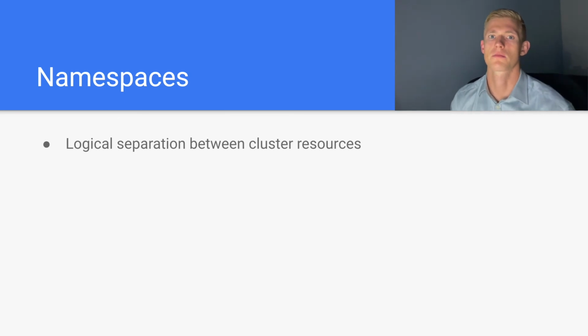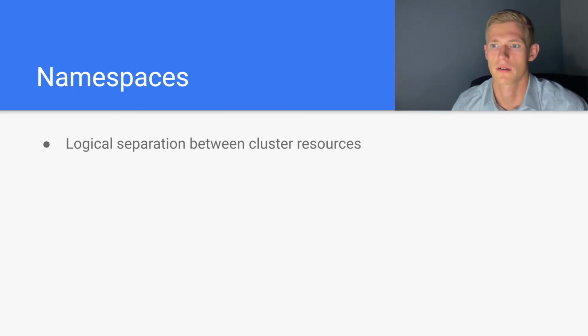Firstly, namespaces provide a logical separation between cluster resources. So let's say you have a cluster, you're a small company and you have 2 or 3 applications. In that case, if one cluster is enough for those applications, you may define multiple namespaces, and you'll essentially have one namespace for each application.